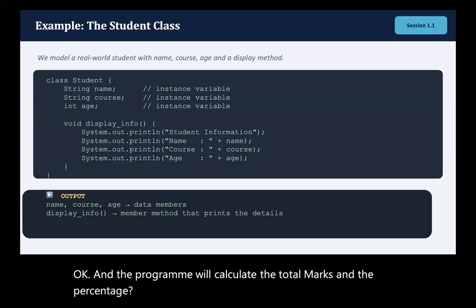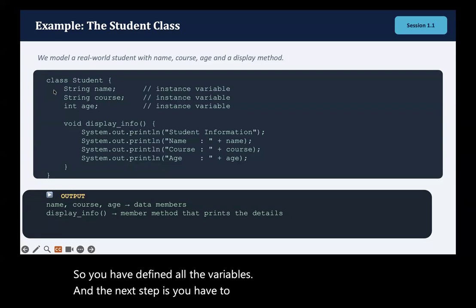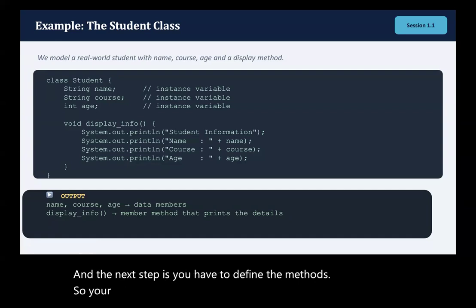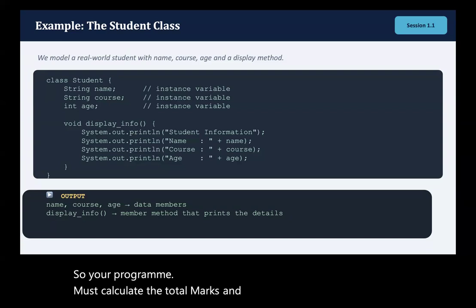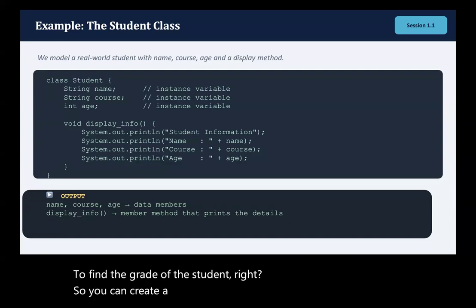You have defined all the variables, and the next step is to define the methods. Your program must calculate the total marks and the percentage to find the grade of the student, right? So you can create a method calculatePercentage or calculateGrade.